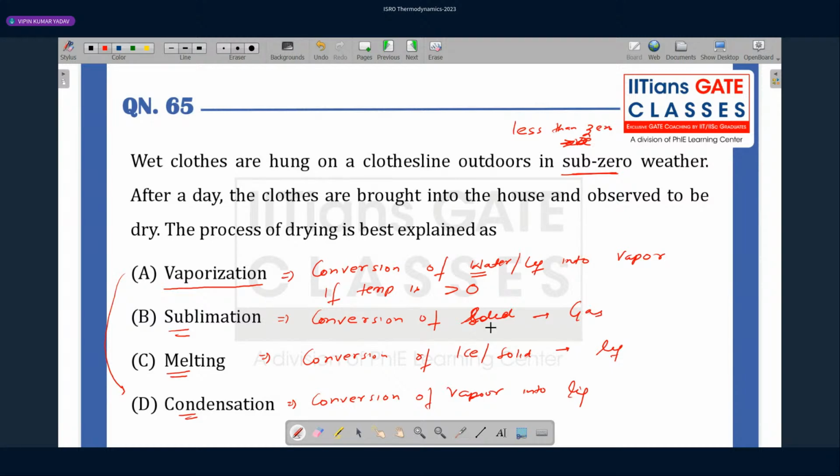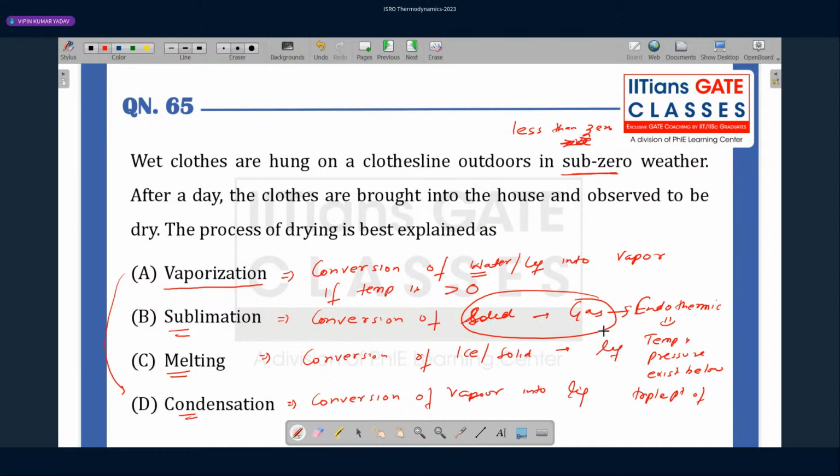Now it actually happens, and this phenomenon is endothermic, which means it absorbs heat. Because of that heat absorption, the clothes will get dry. It will only happen when temperature and pressure are below the triple point of water.